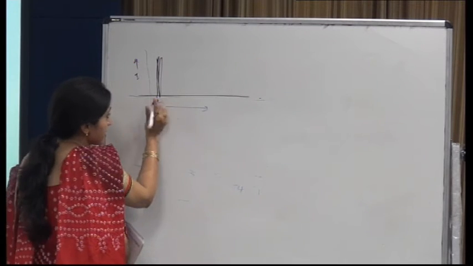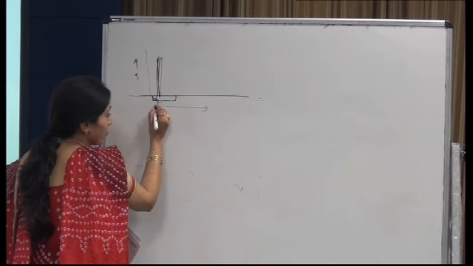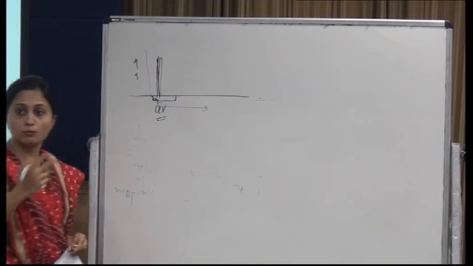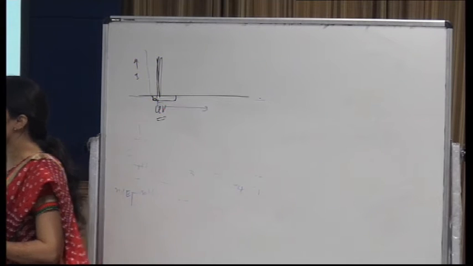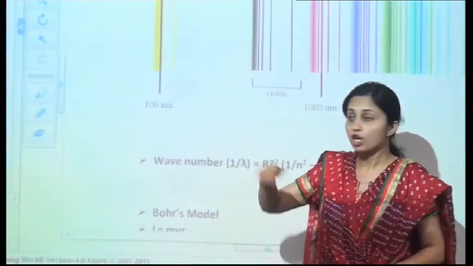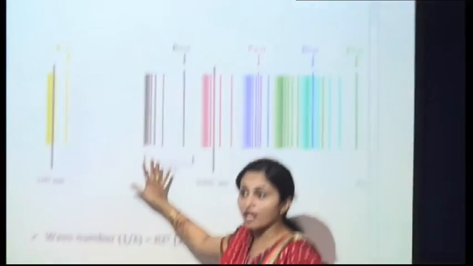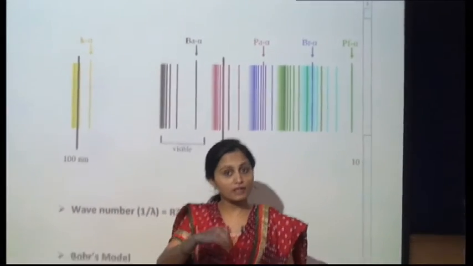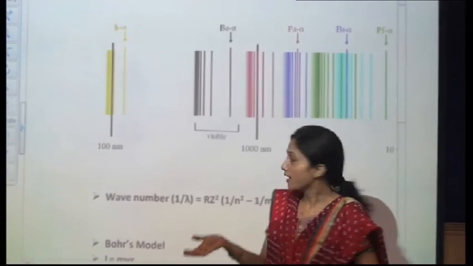Now this energy region will be falling in, say, UV, so you will be plotting it accordingly. So this is the spectra obtained from the calculations of the jumping of the electrons from different levels. This is how it looks. You've done it theoretically, but when it is actually checked experimentally, this is how it looks like.